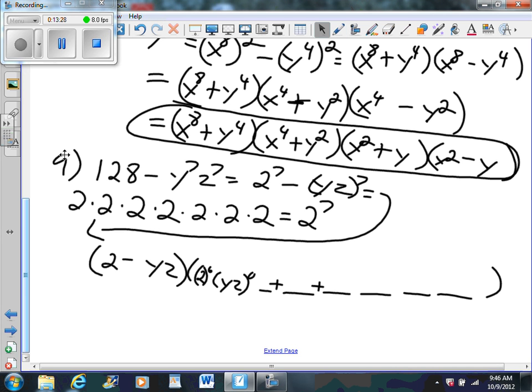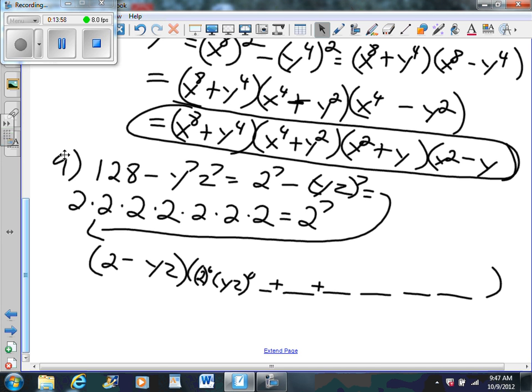What's going to happen with my 2, there's going to be a factor of 2 in each one of these places, and I'm going to descend from 6 all the way down to 0 throughout these 7 places. So I've got 2 to the 6th, 2 to the 5th, 4, 3, 2, 1, 2 to the 0 power. Remember, anything to the 0 power is equal to 1. For each of the succeeding terms, I'm going to have yz raised to the 1st, 2nd, 3rd, 4th, all the way to the 6th.